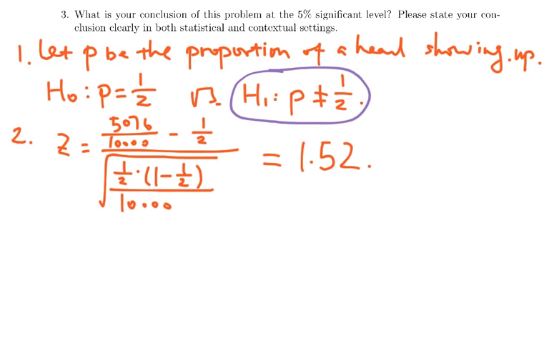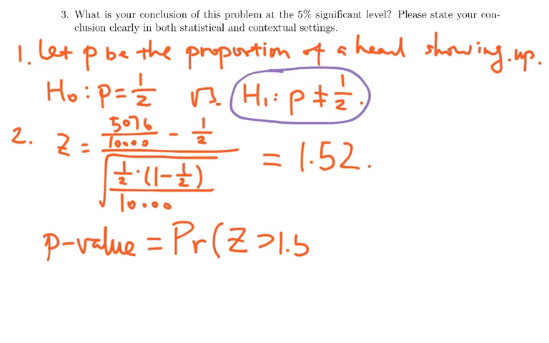So when calculating the p-value, we'll have to calculate the probability of both sides. So that means we're going to calculate z greater than 1.52 or z less than negative 1.52.